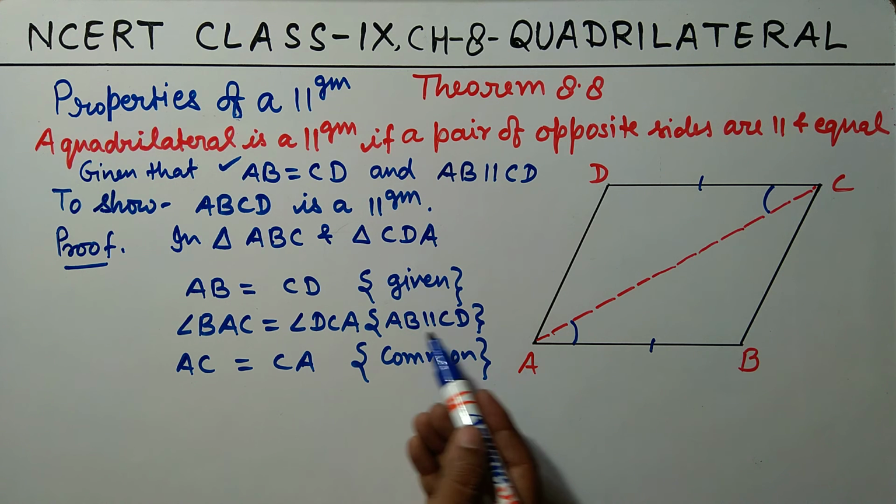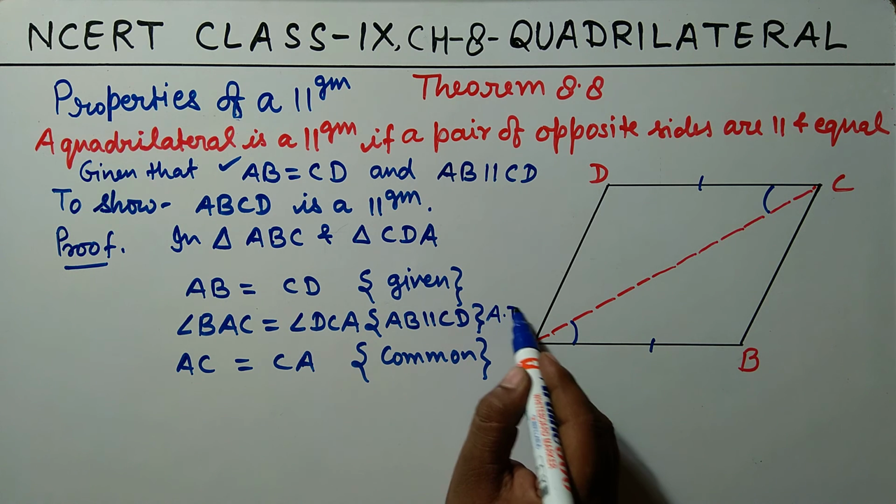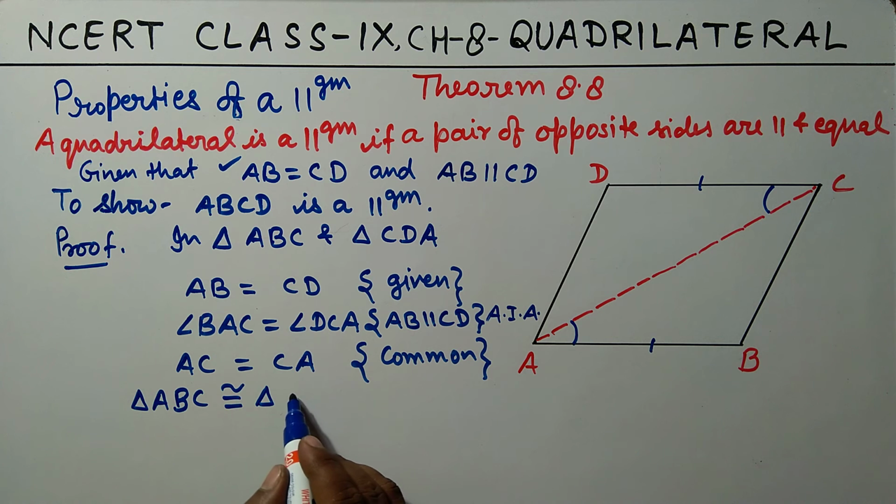So triangle ABC is congruent to triangle CDA. Why is it congruent?